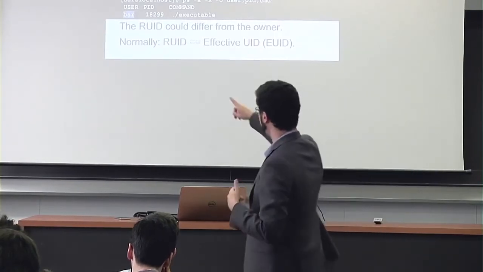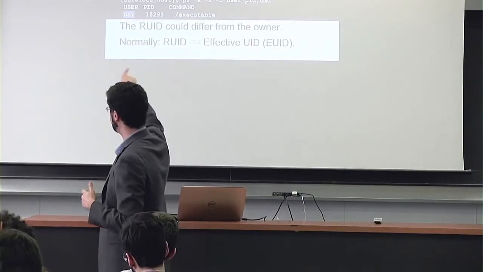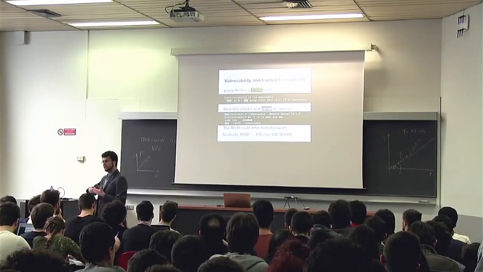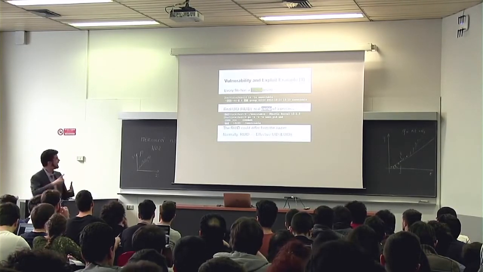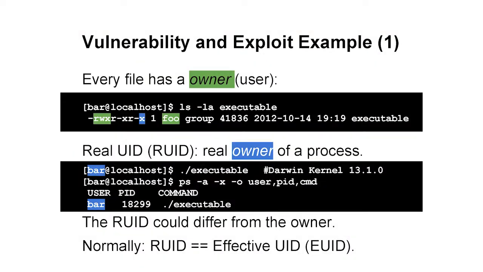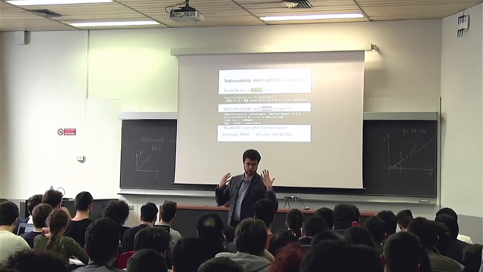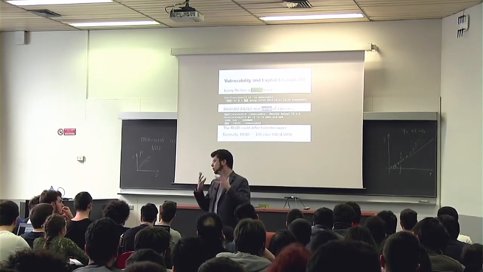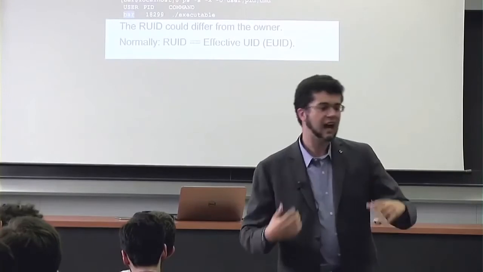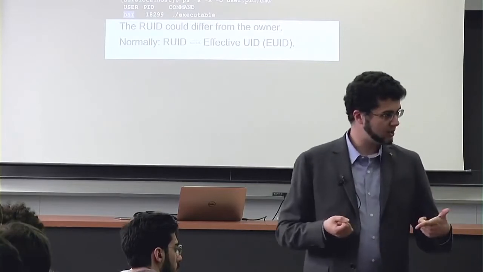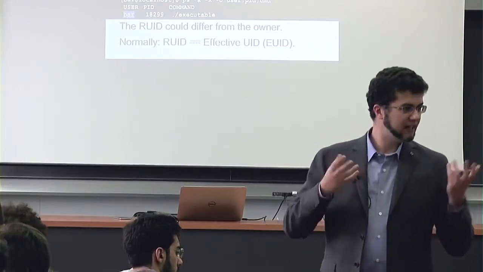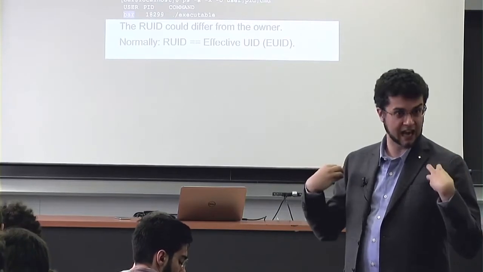So if I am user bar, see that line over there, it says that I'm user bar, and I execute the executable, I'm not user foo, who is the owner. I'm user bar. Executable will run with the privileges of user bar, the privileges of me that I have launched the program, not with the privileges of its original owner. That's pretty normal, right? That's what you kind of expect. If you think about it, I am user bar. Any file that I launch, any program that I launched on my machine, you kind of expect that it will respect the privileges that I have.